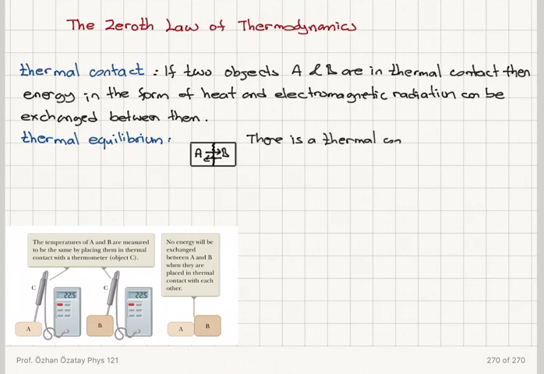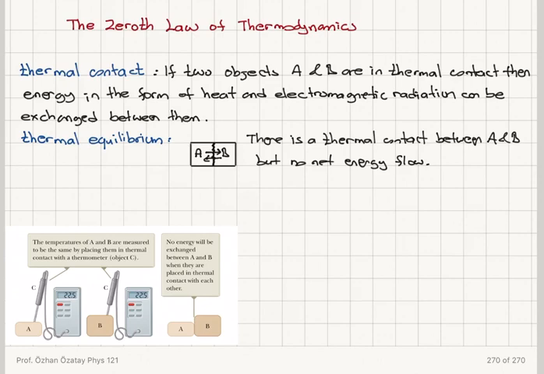thermal contact between A and B, but no net energy flow, in that case, that means equilibrium has been reached, or thermal equilibrium has been reached.